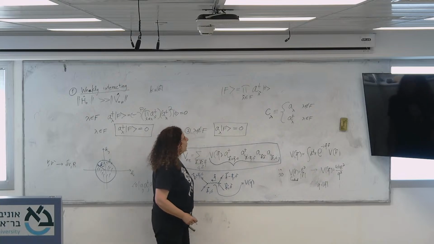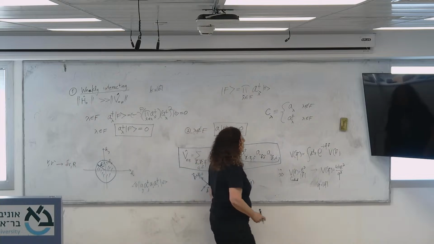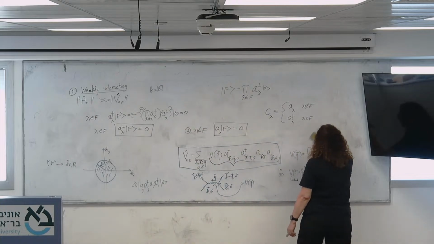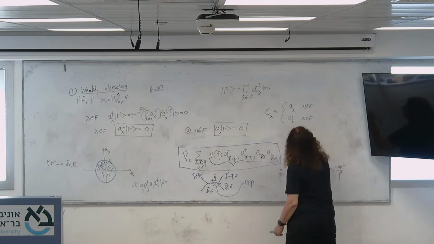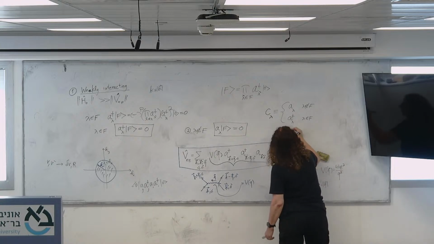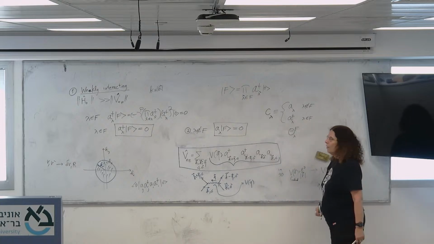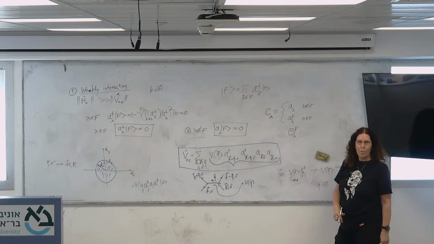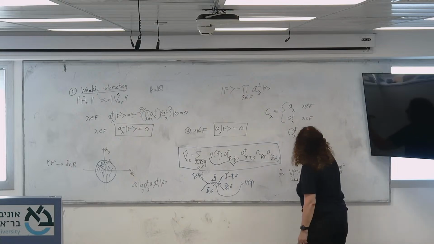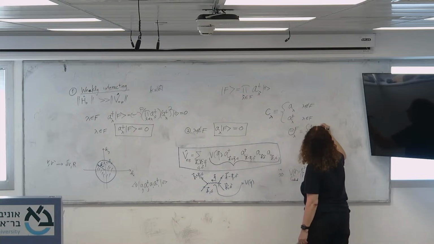Another way to write it is to define a theta function, theta lambda F. I define it to be 1 when lambda is inside F, and 0 otherwise.